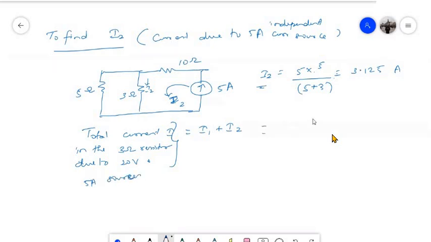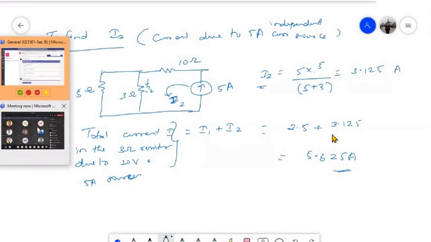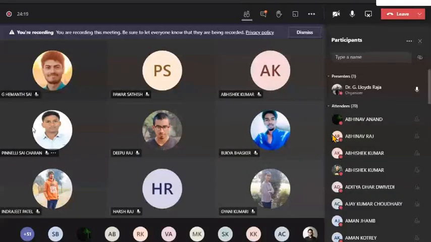Previously we got around 2.5 and here we got around 3.125, so ultimately 5.625 ampere current flows through that particular circuit. Let me take a look if somebody has any question. No question, so I am proceeding further.